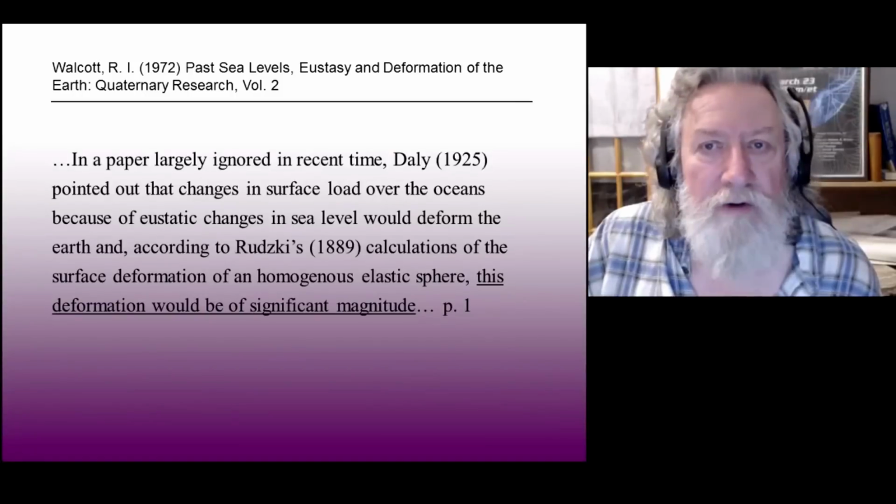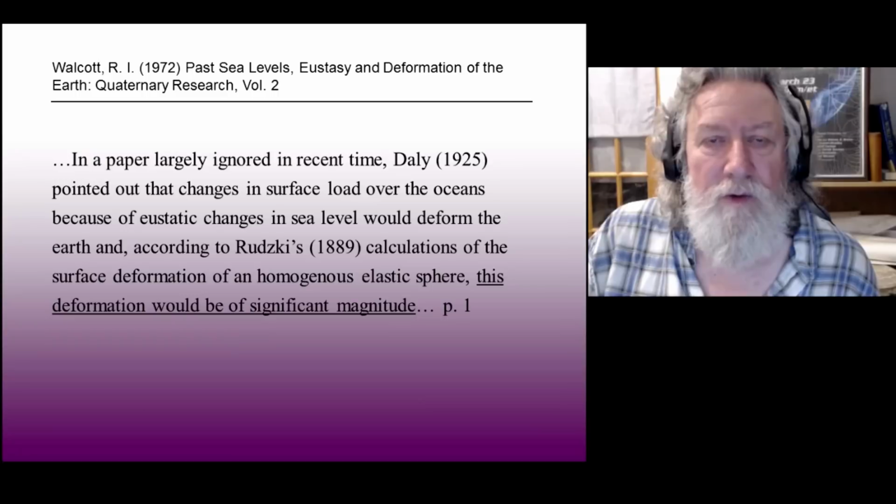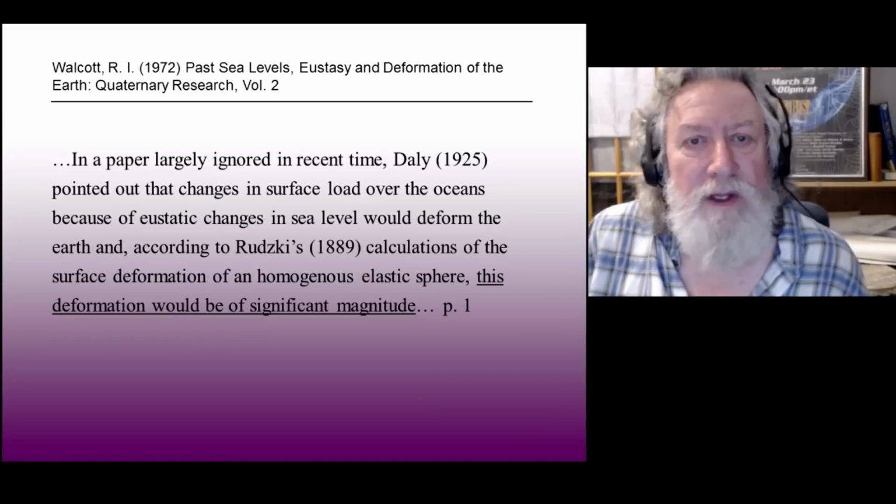It's referring back to an article published by a prominent geologist named Daly back in 1925, who first was speculating about some of these ideas relevant to the things we've been talking about. So I'm going to quote from that article, and you'll be able to see what we are talking about here.